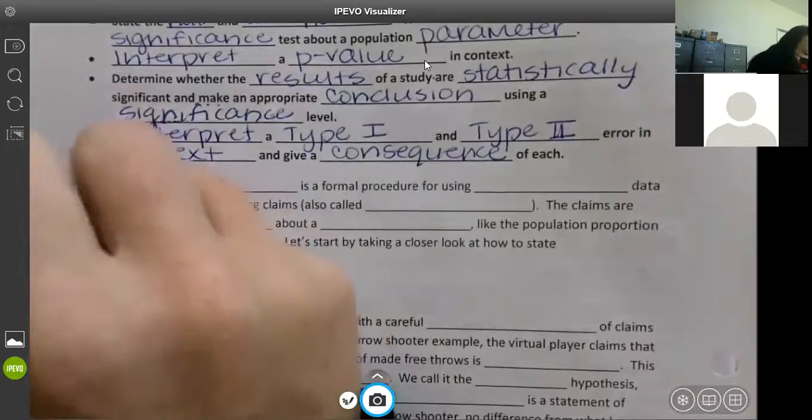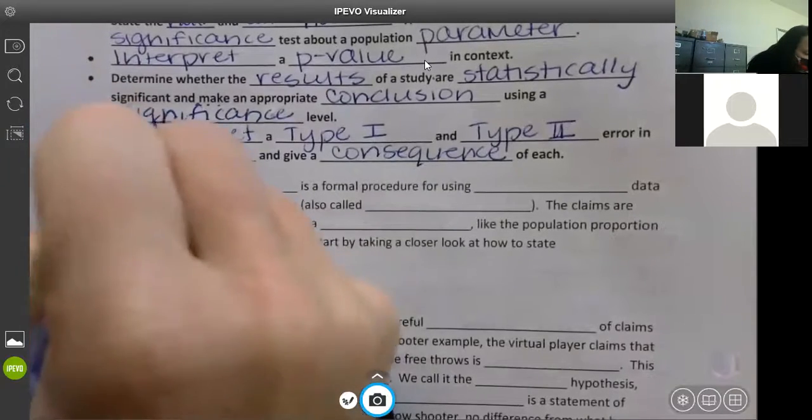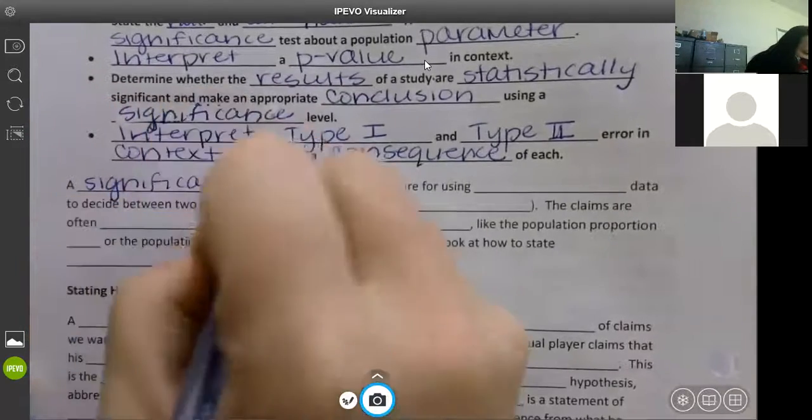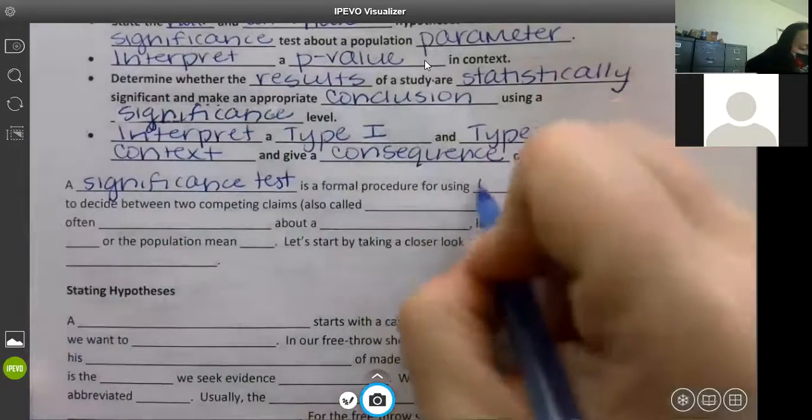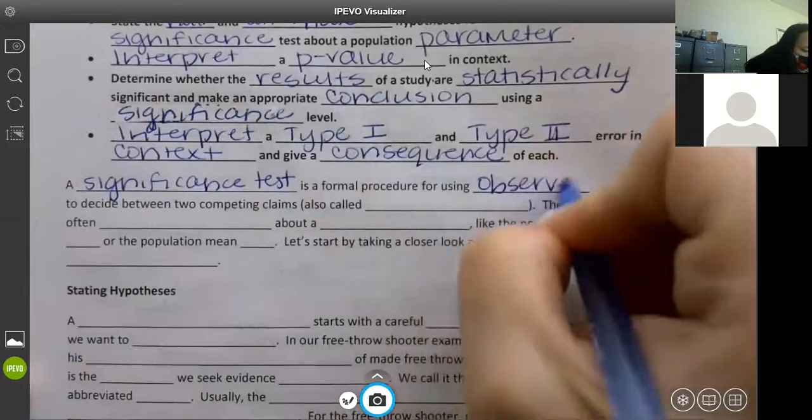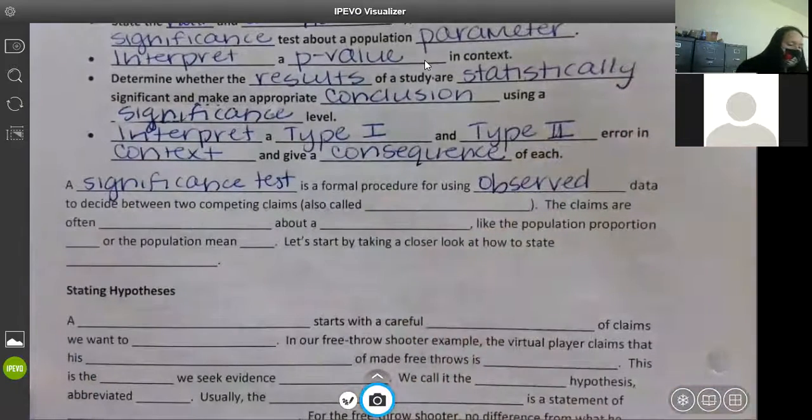So a significance test is a formal procedure for using observed data to decide between 2 competing claims, also called hypotheses.